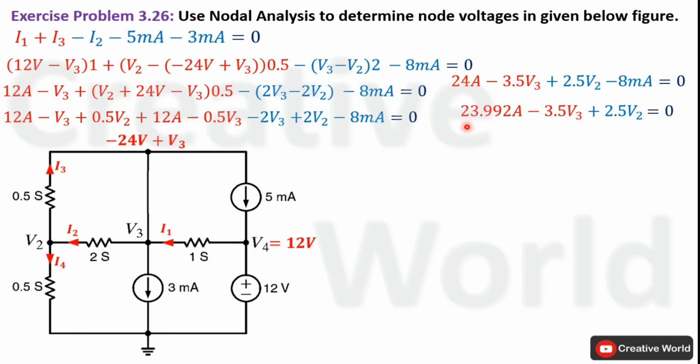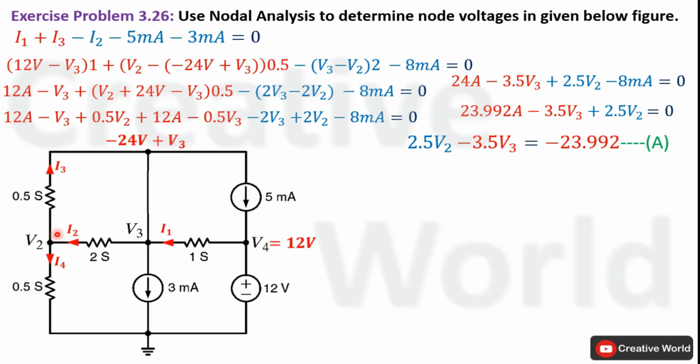It will become 23.992 ampere. And place this constant value on the other side of the equal sign, the equation will become 2.5 V2 minus 3.5 V3 equal to minus 23.992. We cannot further solve this equation, so leave it for now and label it as equation A.